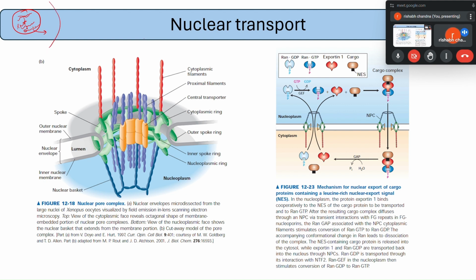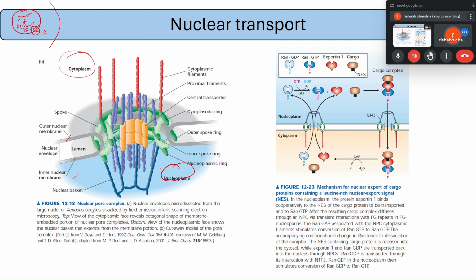The nuclear membrane has a pore called the nuclear pore, and this is associated with many proteins, so this is called the nuclear pore complex. This is the cytoplasmic side, and this is the nucleoplasmic side. This is a double layered structure, that is the nuclear envelope, with the outer and the inner nuclear membrane.